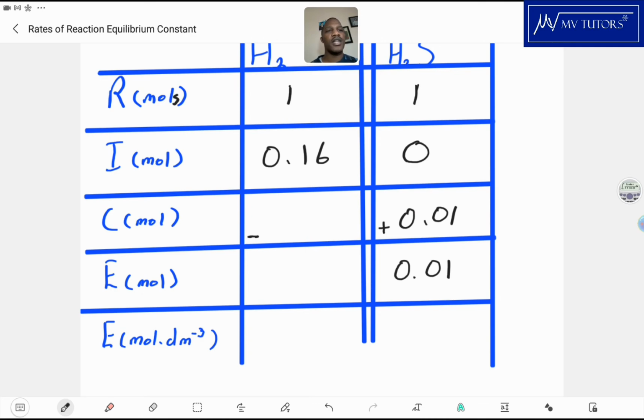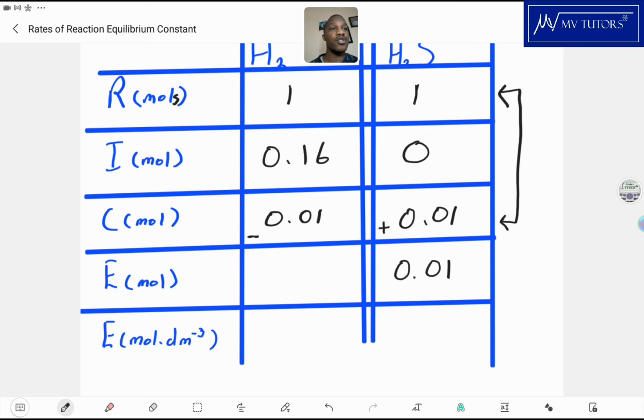Okay, now the reason we need a ratio is because there is a relationship between the ratio and the change. Okay, so since it's 1:1, that means the change is also 0.01, and it's based on the ratio.